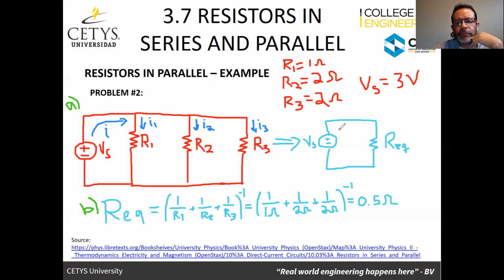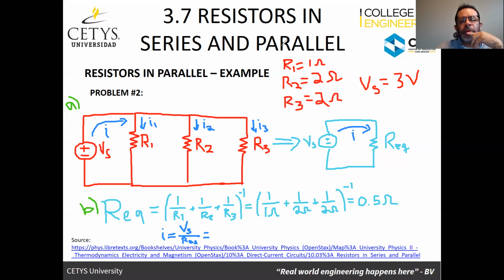And so we're going to have this total current here. And so we can find the equivalent resistance, and since we have the voltage, we can use Ohm's law to find the total current. The total current is going to be equal to the voltage in the power supply divided by the equivalent resistance. Okay.